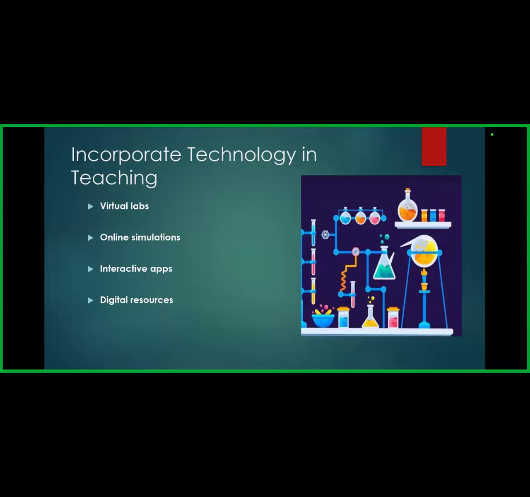So here, the first one is virtual lab. These are very good because for smaller kids, sometimes it is not possible to take them to the lab, or a few schools don't have those facilities. In that case, we can take them to the virtual lab and make them understand how reactions happen, how we can prepare a slide, and what different chemicals or things we are using.